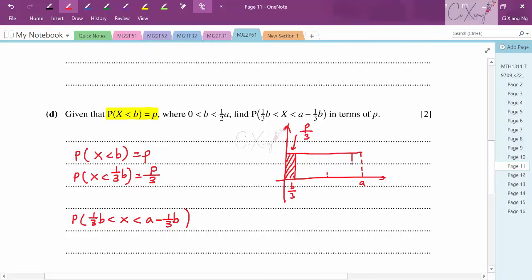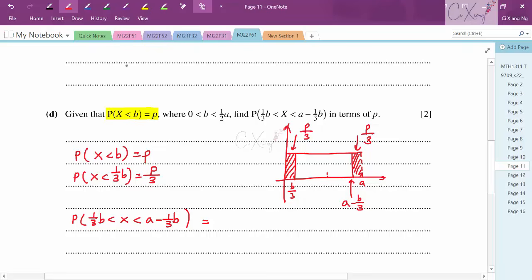So minus this distance means that it will be somewhere here, where this is a minus b over 3. So this area and also this area should be the same, where this area is also p over 3.